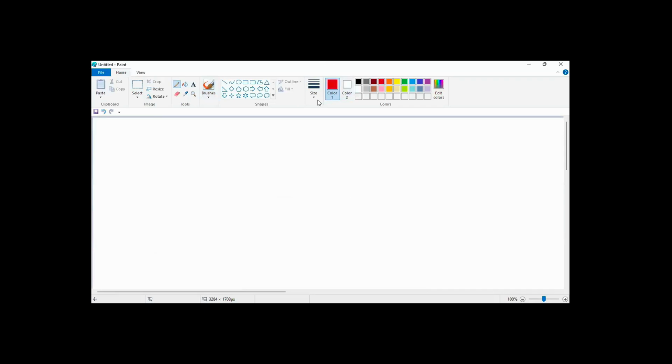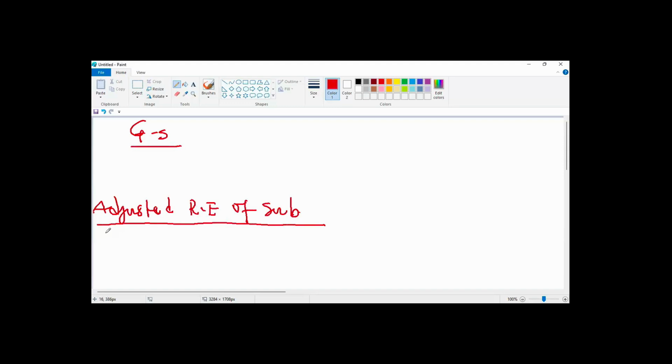Definitely, I need the group structure. Don't forget, group structure can be tested in how many ways? I need the group structure, adjusted retained earnings of subsidiary as per SOFP.